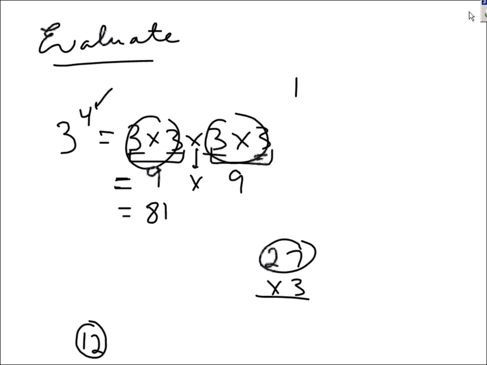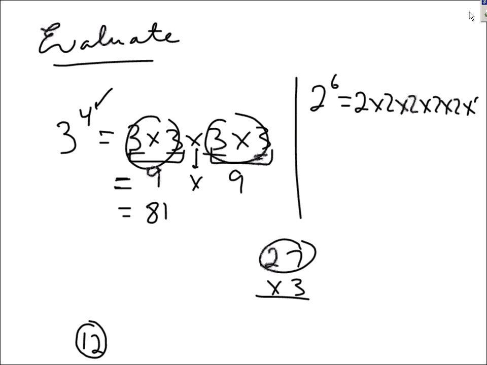If somebody asks me what 2 to the 6 is, well, let's write down what it means. It means to multiply 2 by itself 6 times. You can go 2 times 2 is 4, times 2 is 8, times 2 is 16, times 2 is 32, times 2 is 64.